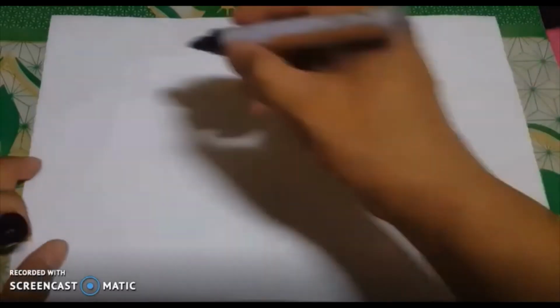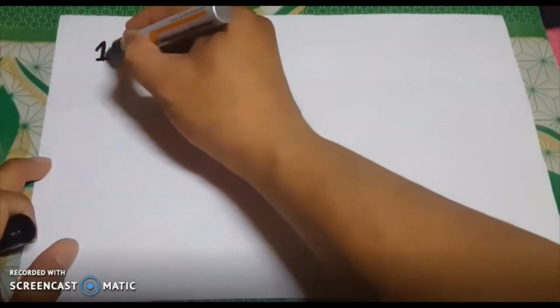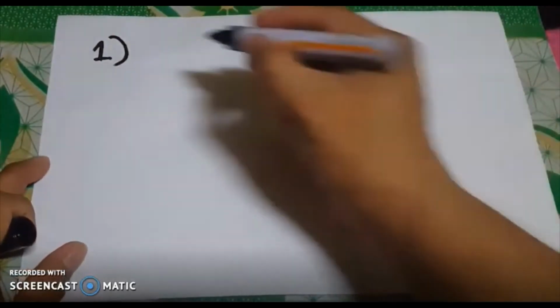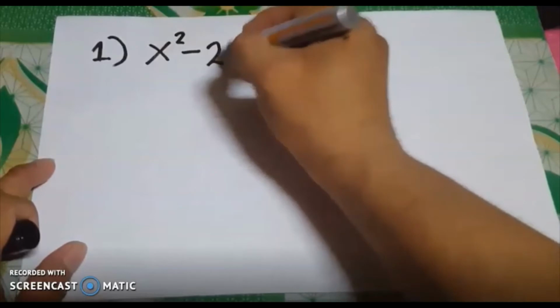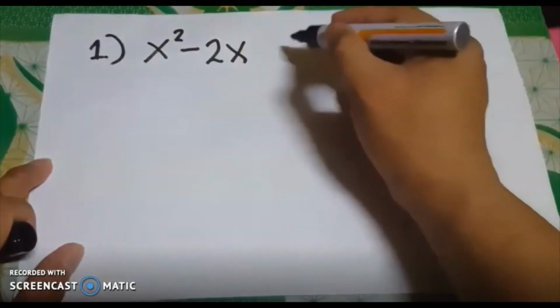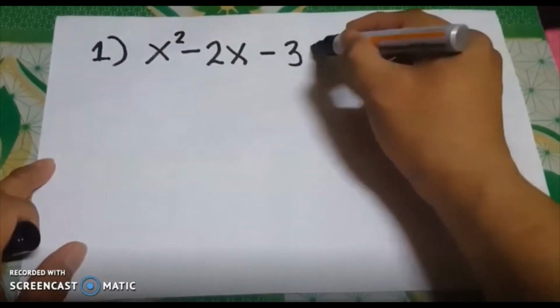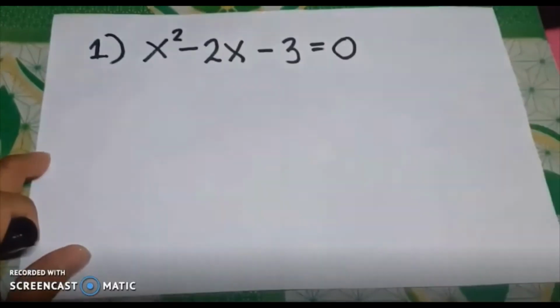So we are going to solve here a quadratic equation by using completing the square. So let's have example number 1. We do have the given, for example, x squared minus 2x minus 3 is equal to 0.